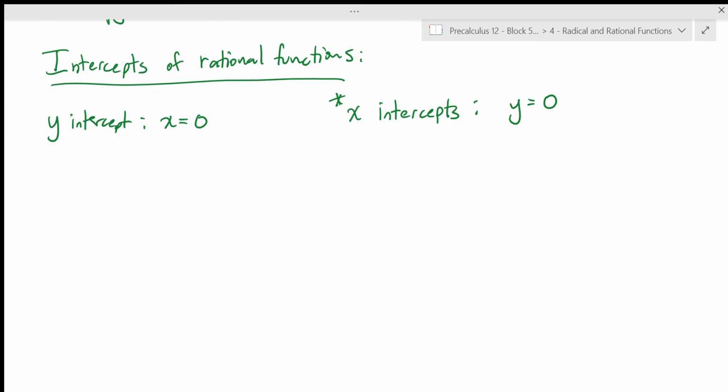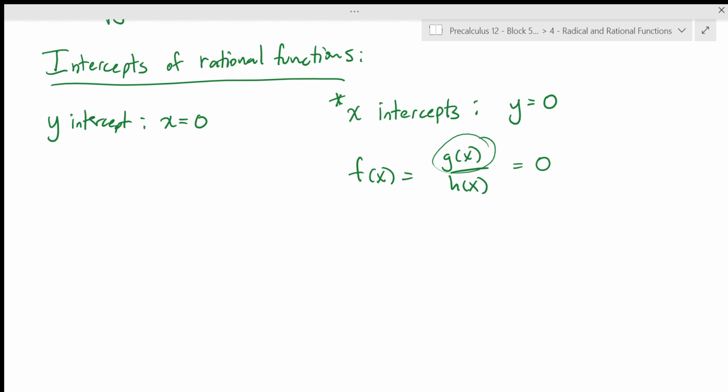So we have f of x equals g of x over h of x. We have a polynomial in the numerator, polynomial in the denominator. So our x-intercepts are going to occur where g of x is equal to 0, because a fraction is 0 when its numerator is 0.